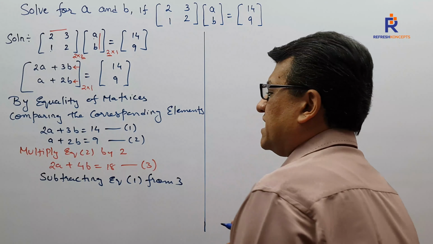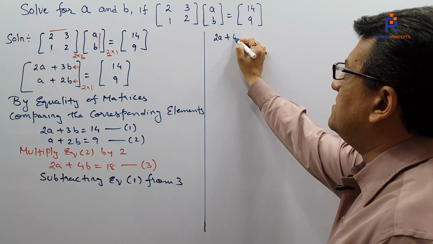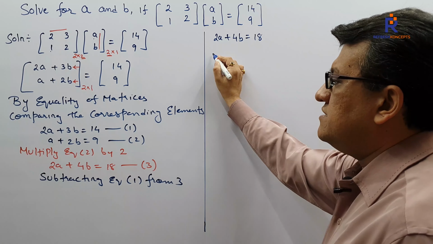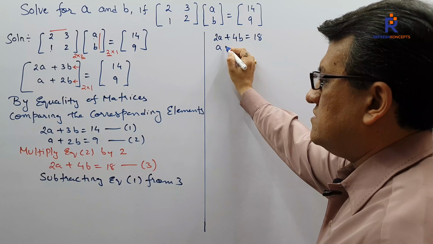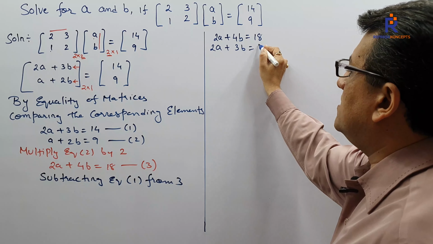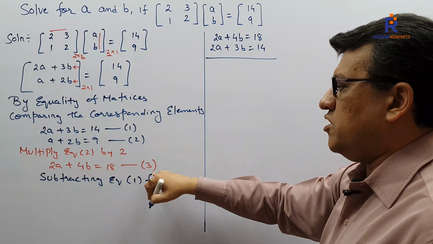When I say subtract equation 1 from 3, we shall get 2A plus 4B is equal to 18, and then 2A plus 3B is equal to 14. We just subtract equation 1 from 3.